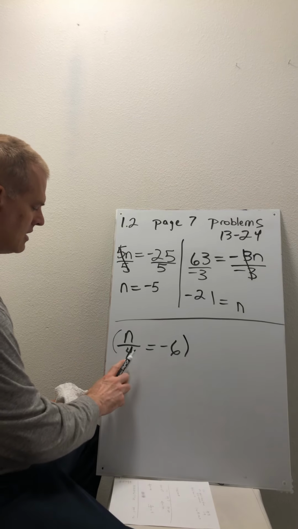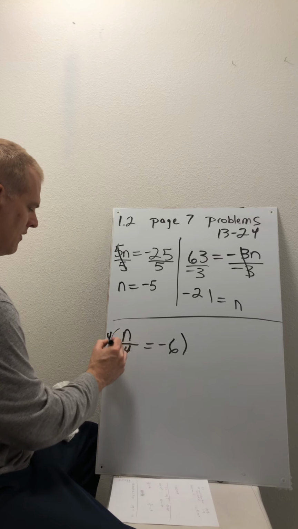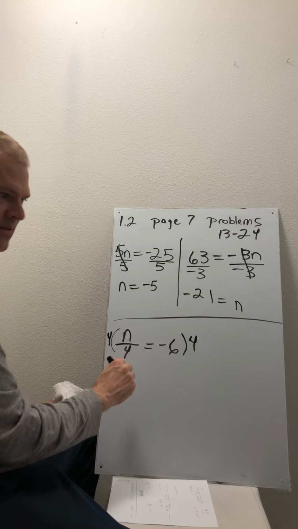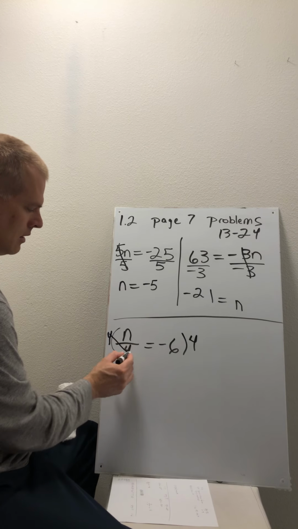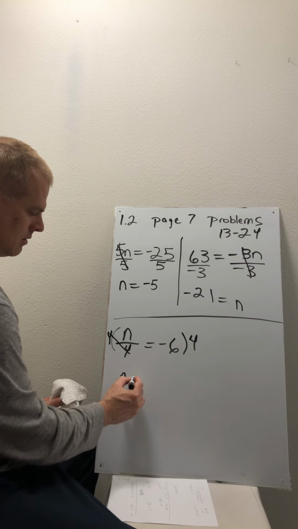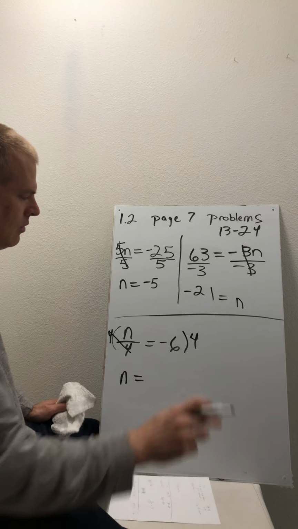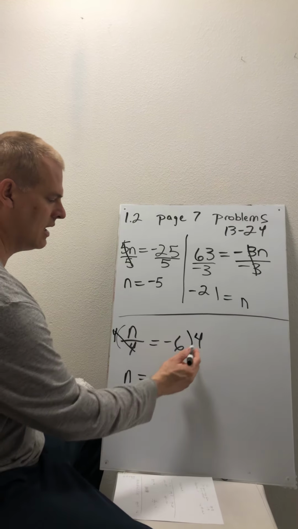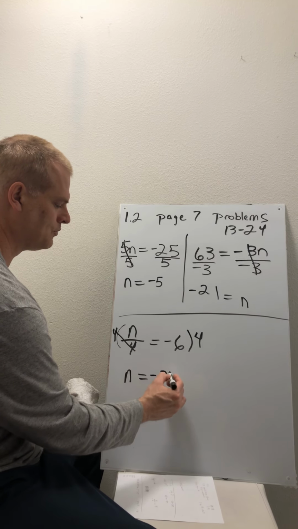The denominator in this case is 4. So I put 4 on this side and 4 on this side. The 4's on the left side will cancel, leaving me n. When we multiply a negative times a positive, that gives me a negative, and we get negative 24.